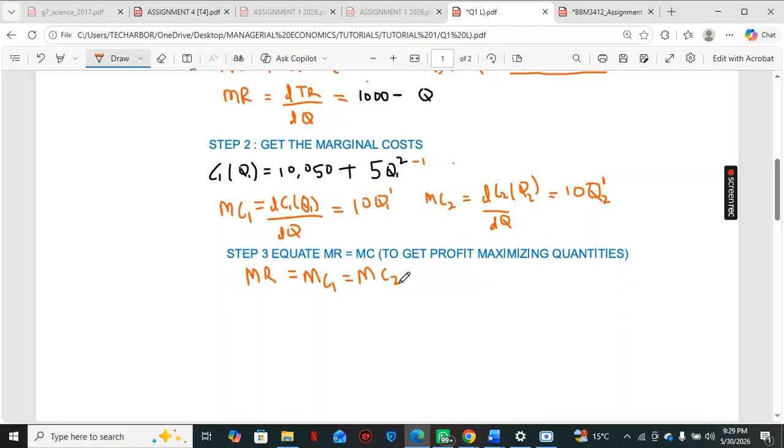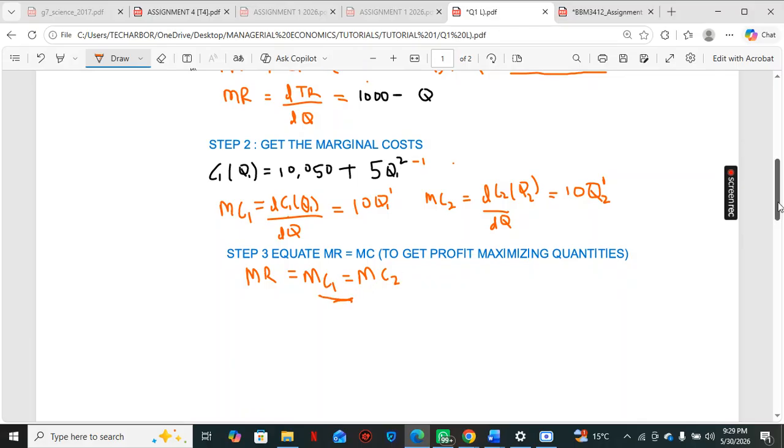Here, we're going to have to first express our Qs in terms of either Q1 or Q2. In order to do that, first things first, let's work on our marginal cost functions.